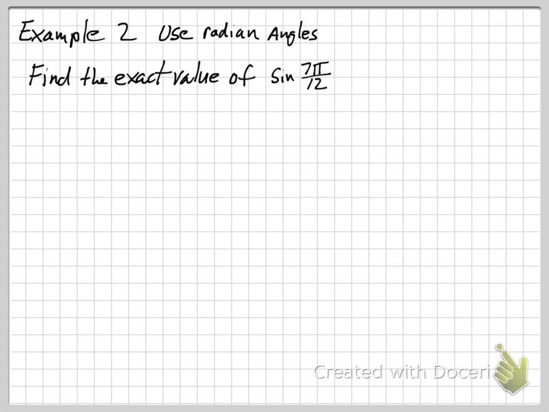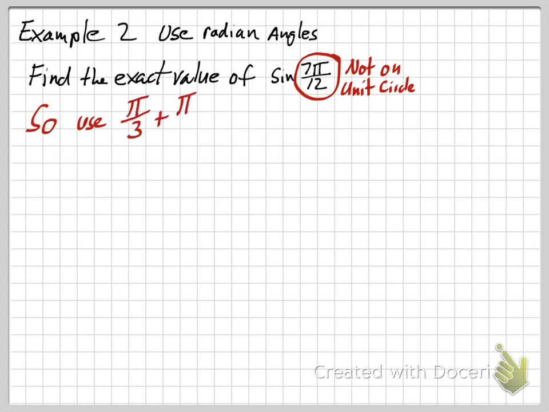My advice to you is let's convert that 7 pi over 12 to degrees. Simply because if you convert 7 pi over 12 to degrees, it's a little bit easier to see what combinations of angles on the unit circle will add up to it.